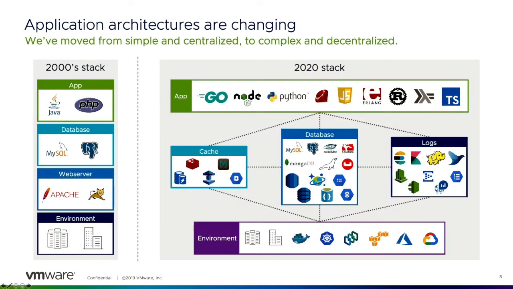Nowadays, we've really moved from these simple, centralized, monolithic architectures to more complex, decentralized, microservice-based architectures. Developers are looking to choose which application language they need, their database, their cache solution, their logging solution, and then be able to deploy that on any infrastructure they see fit.